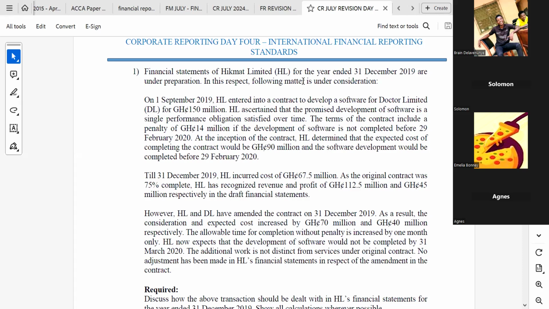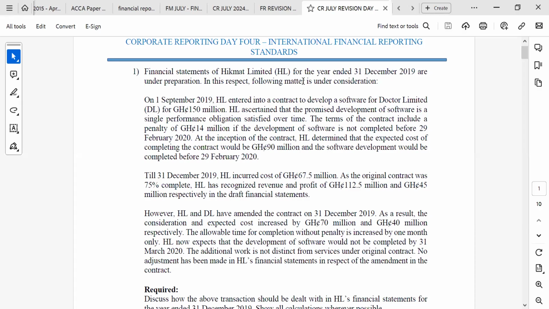HL ascertained that the promised development of software is a single performance obligation satisfied over time. The terms of the contract include a penalty of 14 million Ghana cedis if the development of software is not completed before 29th February 2020.